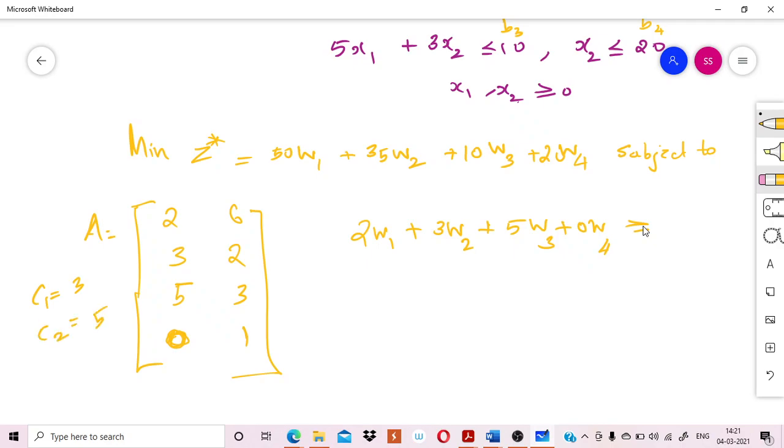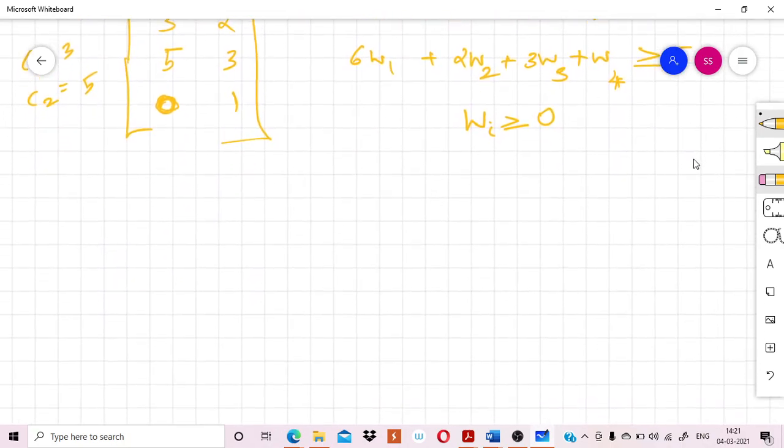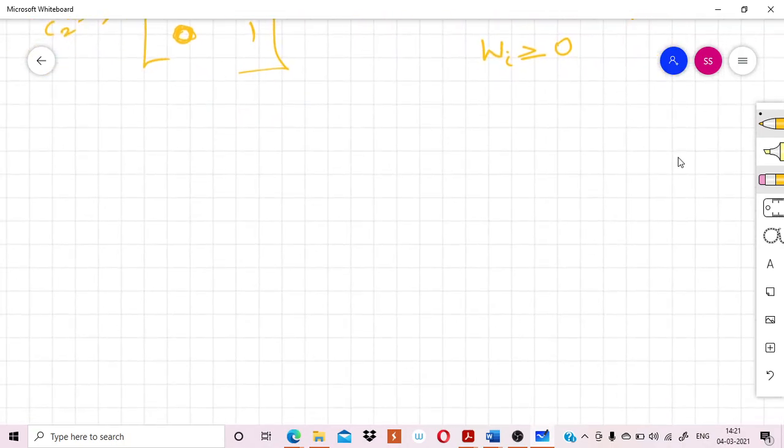So this is greater than or equal to 3. Then similarly we have 6w1 plus 2w2 plus 3w3 plus 1w4 greater than or equal to 5. And wi is the same as our xi, greater than or equal to 0. So this is the dual of the given problem.